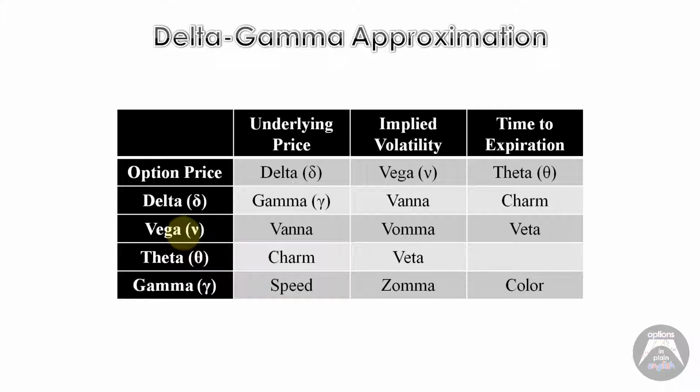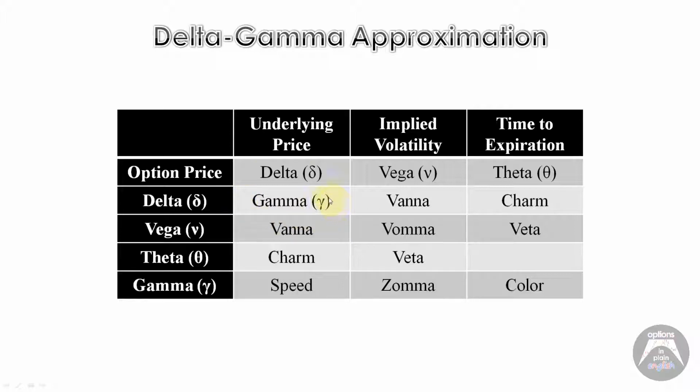Unless your positions are really, really big, the main factors that affect your profit and loss are the first order Greeks, so how the option price changes directly: delta, vega, and theta, and also how delta itself changes, so gamma would be the other one that's important.